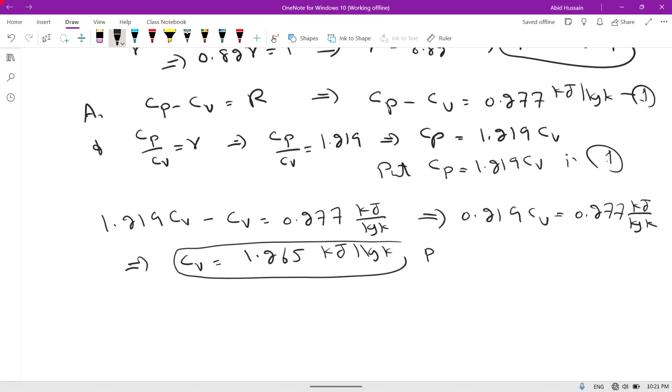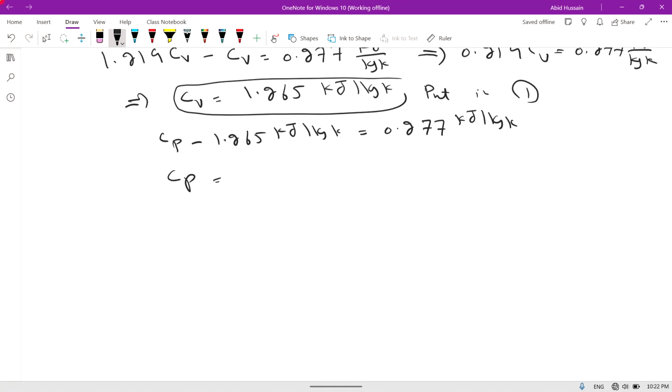Put this value in equation number first. So Cp minus 1.265 kilojoule per kilogram per Kelvin is equal to 0.277 kilojoule per kilogram per Kelvin.